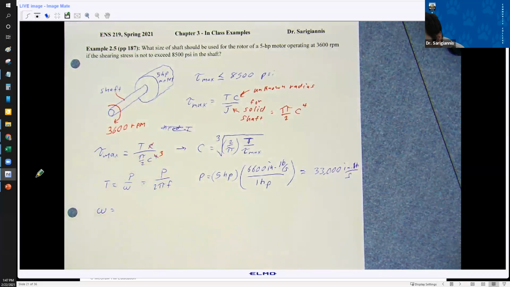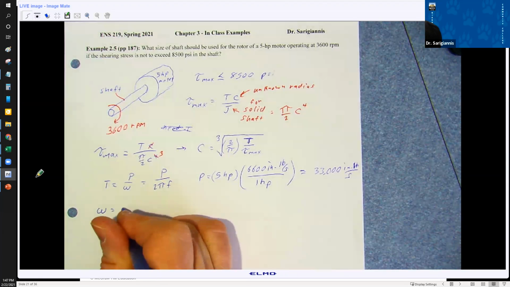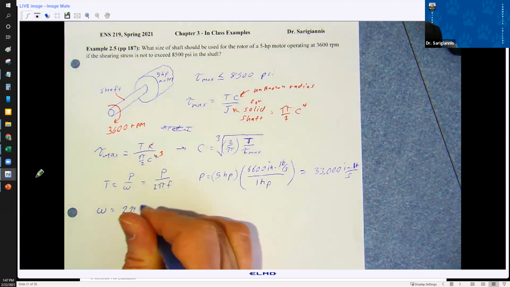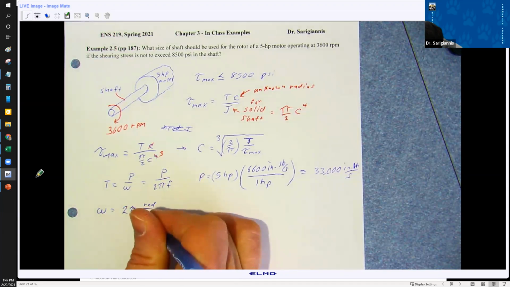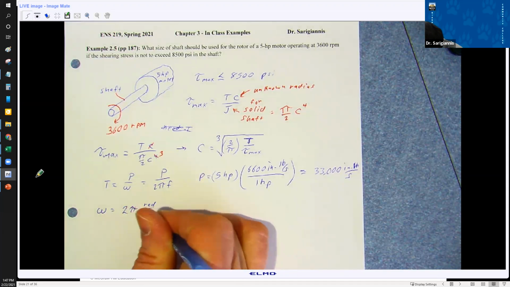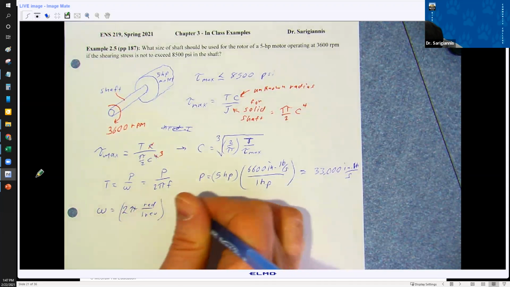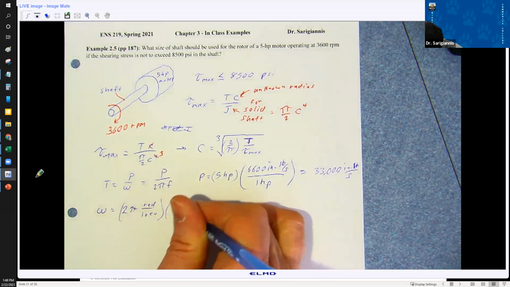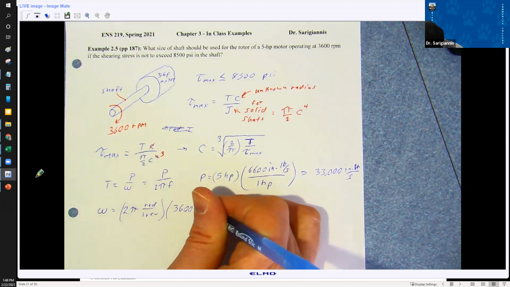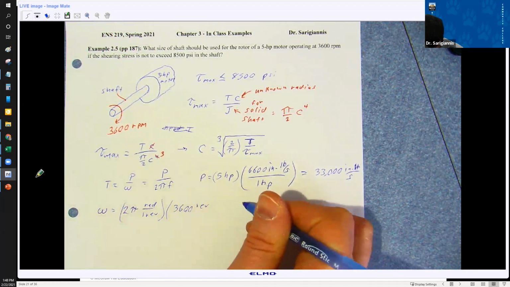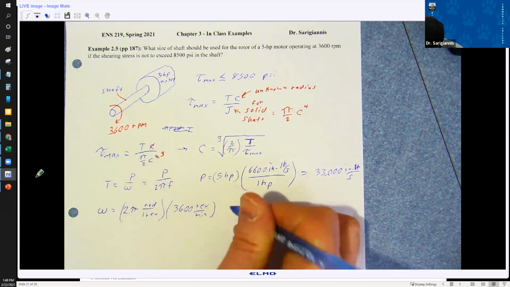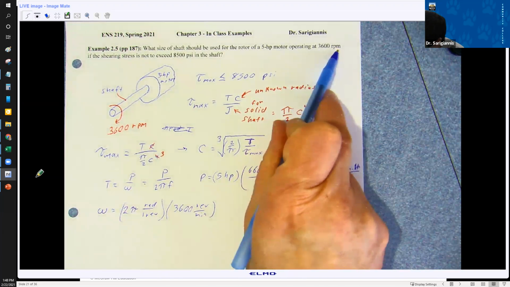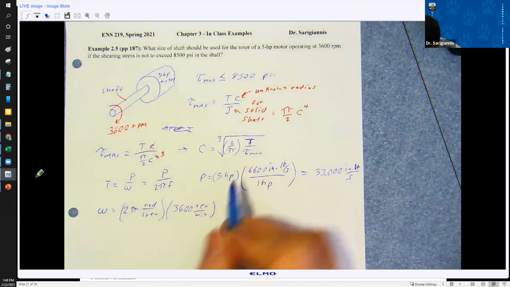Omega is 2 pi radians per 1 revolution times 3,600 revolutions per minute. Right, that's what we were given, 3,600 RPM. We've got to convert this over to omega.